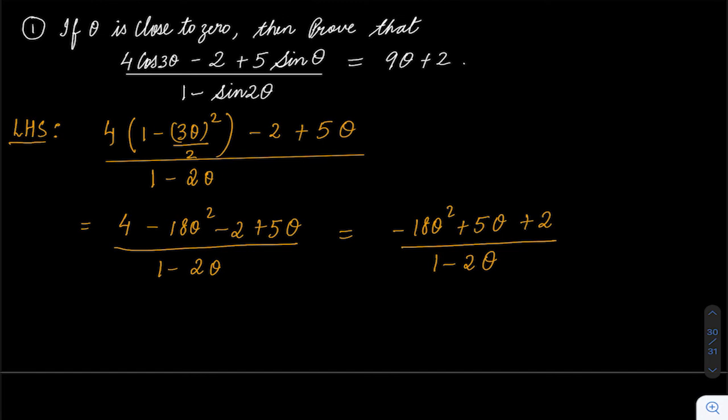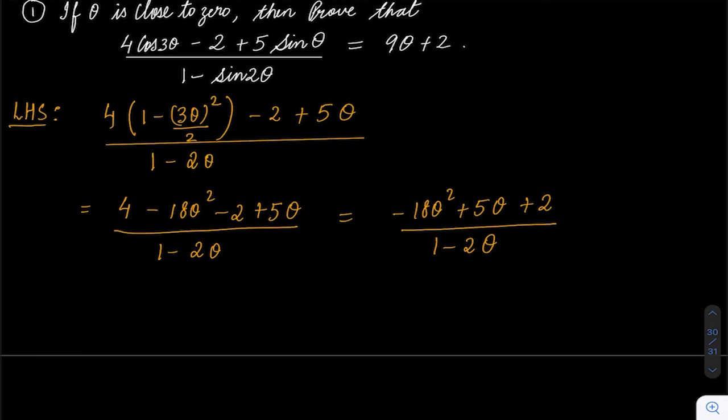Now you can see we are getting a quadratic in the numerator and a linear in the denominator. So let's further try to make factors of the quadratic if possible. Now 18 I can take as 9 and minus 2, I can take minus 9 and 2 also. I have to check.